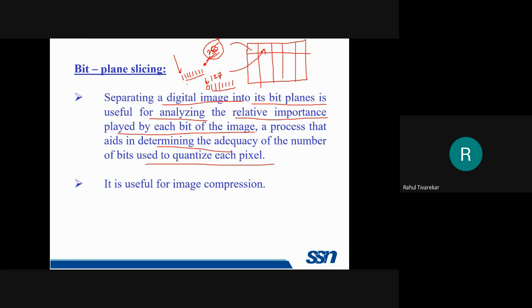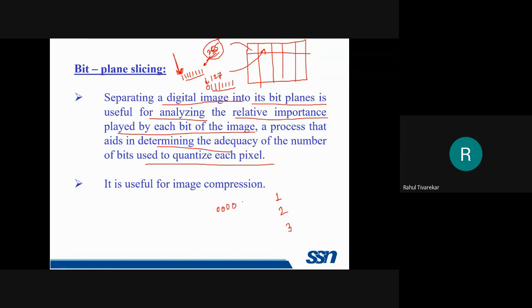So what we can understand is the MSB indicates the maximum amount of information from the image. For example, let's say one pixel has intensity 1, another has intensity 2, and another has intensity 3. How will these input intensity levels be represented in binary?